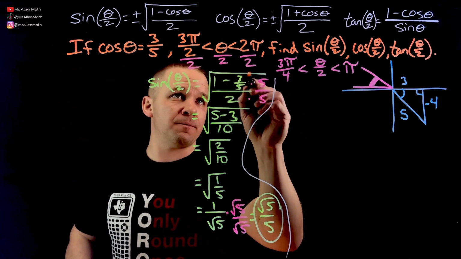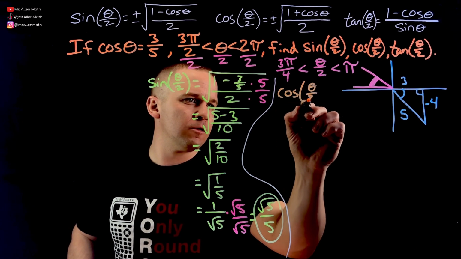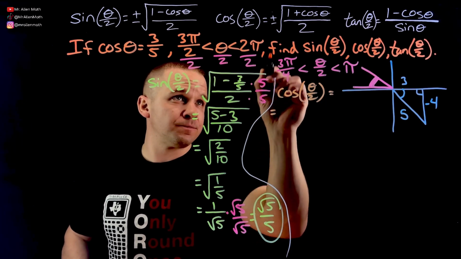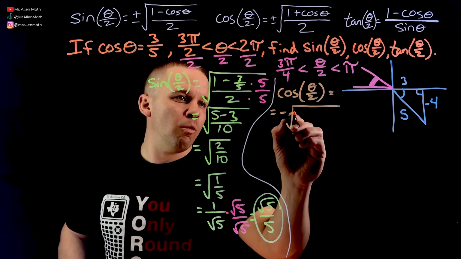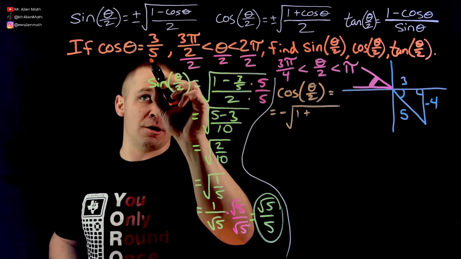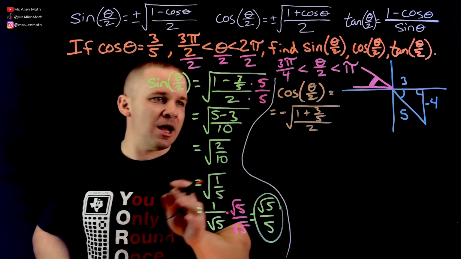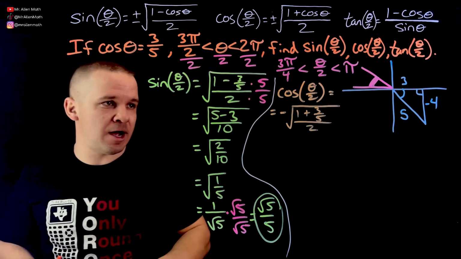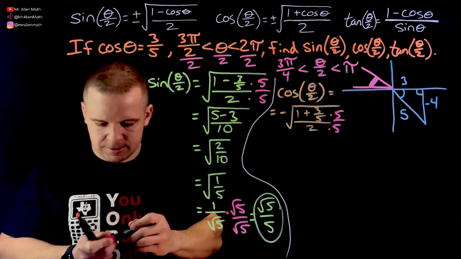So we got cosine of theta over 2. That's going to equal negative, there we go, now I won't forget, the square root of 1 plus cosine of theta, which we know is 3 over 5. Super convenient. All over 2. And now the same kind of process is going to occur here, right? I'm going to multiply this one by 5 over 5.